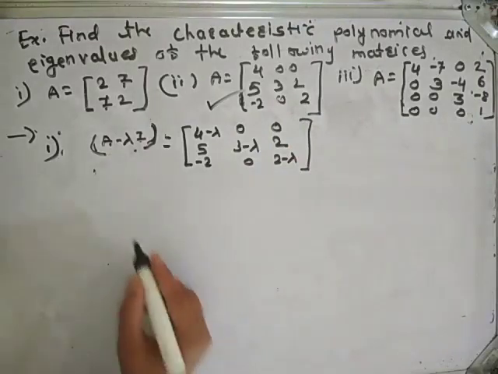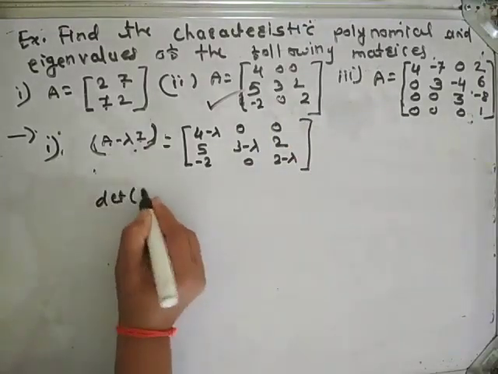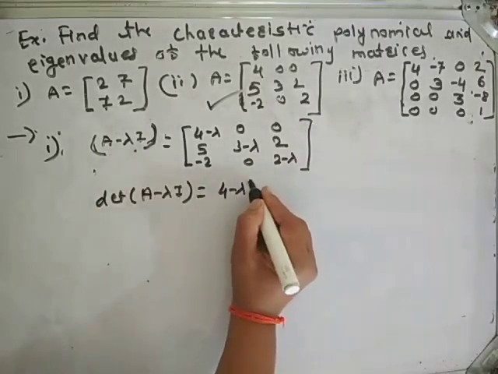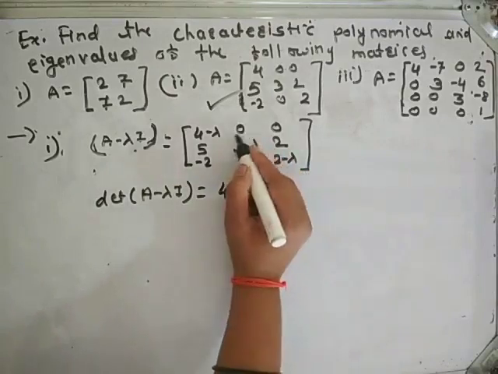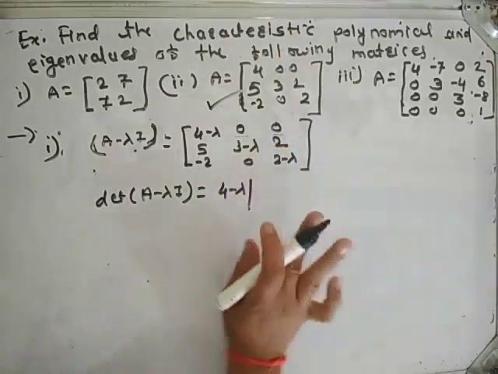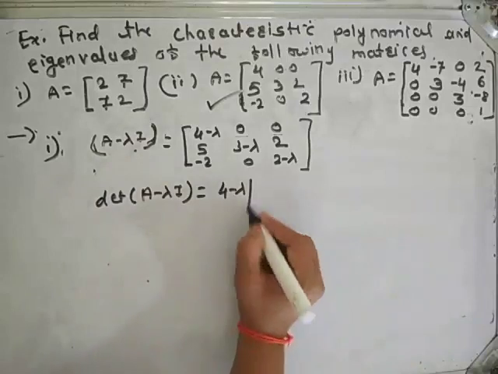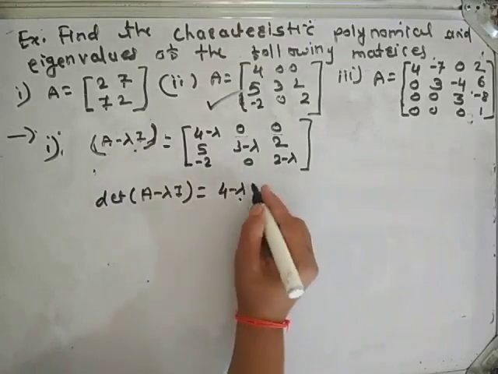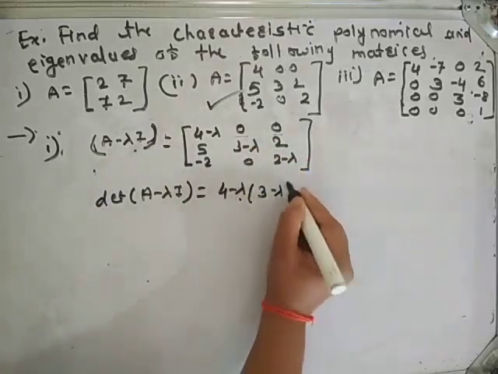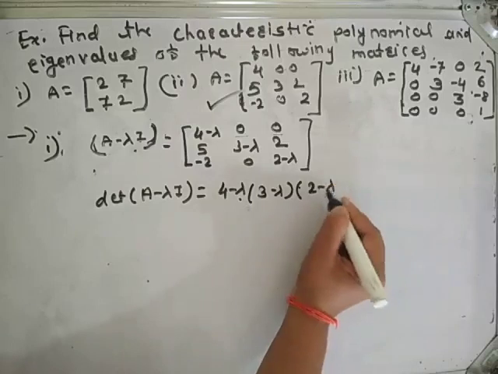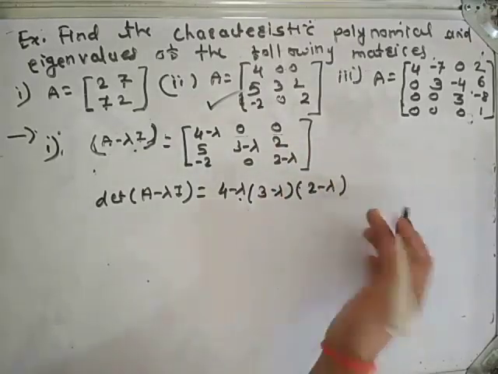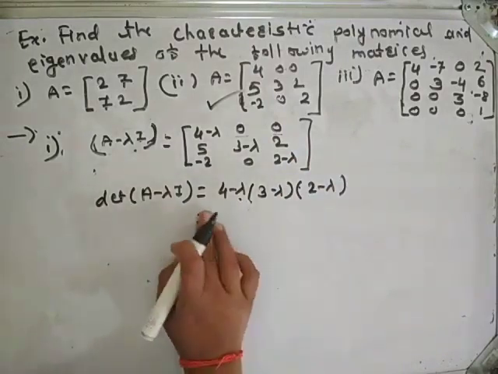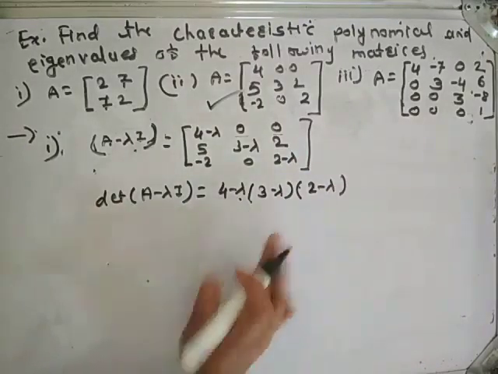Now calculate determinant of A minus lambda I. It is 4 minus lambda into the determinant of the remaining block. The next terms are all 0, so no need to calculate them. This is 4 minus lambda into 3 minus lambda into 2 minus lambda, and minus 0.